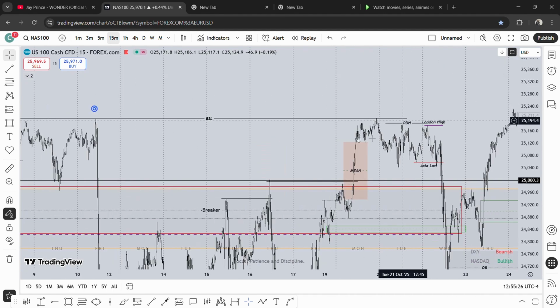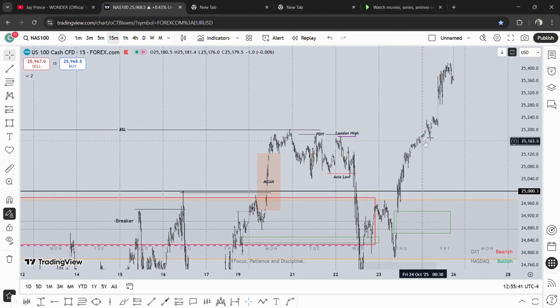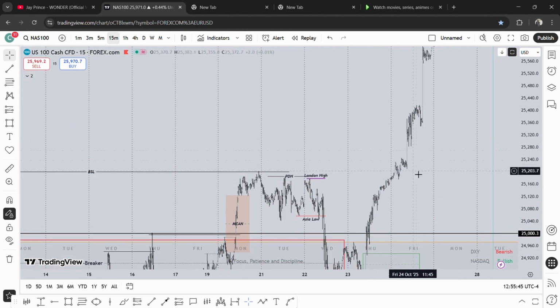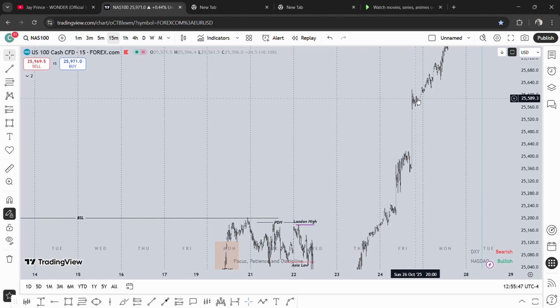First target was this resistance level over here. This is a retail resistance level, which means there's a lot of liquidity above this area. And we did in fact push into that and then continued expanding higher. This was Friday.